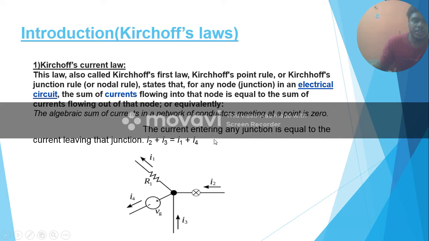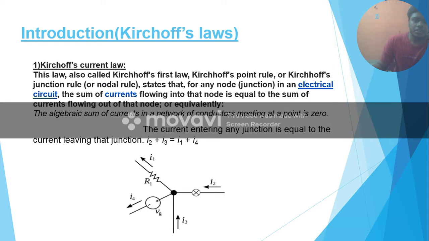We can say the sum of the currents entering the junction is equal to the sum of the currents leaving the junction. In other words, the summation of all the currents at the junction is always equal to 0.